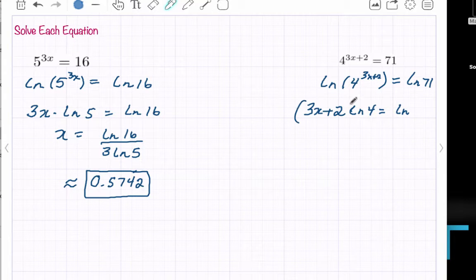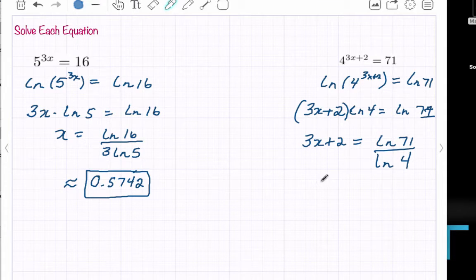Okay, that's got to be in parentheses, that whole thing. Then we'll divide each side by ln of 4, so we get 3x plus 2 is equal to the natural log of 71 over the natural log of 4.